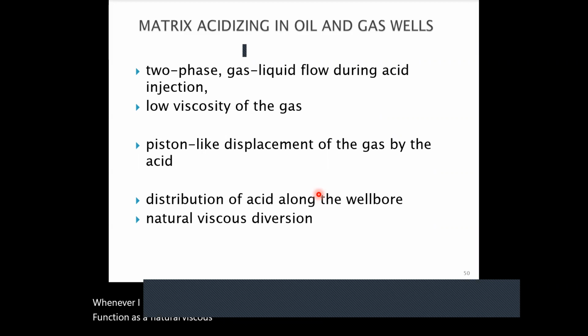As acid enters the higher permeability zone, the increased pressure gradient can divert relatively more acid to lower permeability zones. So here we showed that acidizing in gas wells will show better results than in oil wells, due to the differences in viscosity between the acid and the gas.